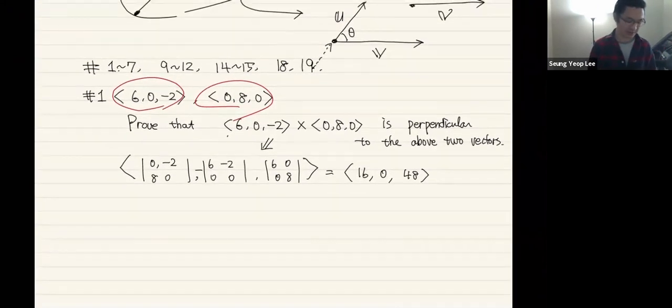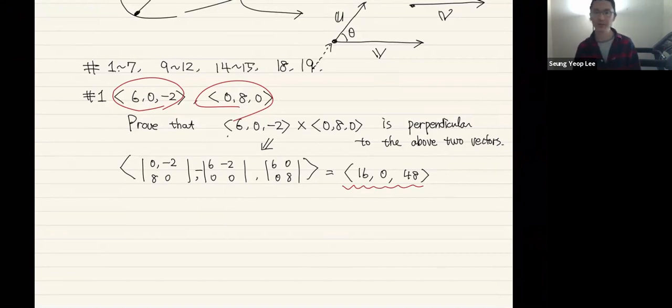Perpendicular means that the two vectors we want to show are perpendicular have an angle of 90 degrees between them. Facts like this can be proved by looking at dot products, if you remember.